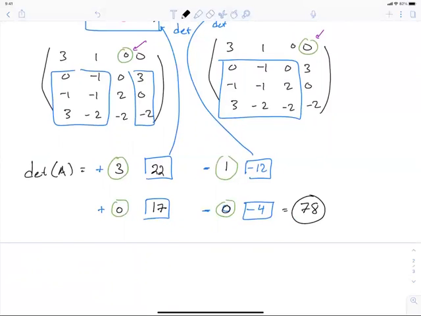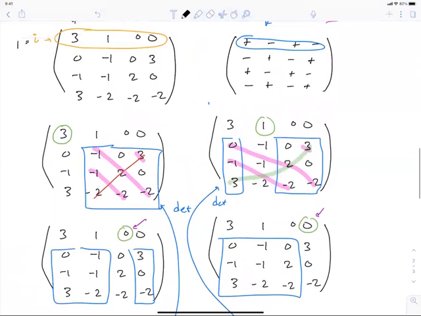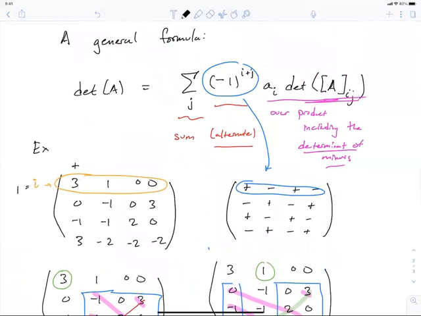So this may seem like a lot of work, but again, we can leverage a lot of the work away if we recognize there's a column of zeros. You get to pick the row that you want. So you get to pick whichever row you want. And it turns out that this works with any column as well. It's the same idea, the same formula, almost exactly. The only difference is you're going to switch this AI to an AJ.